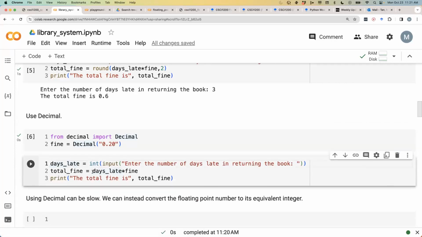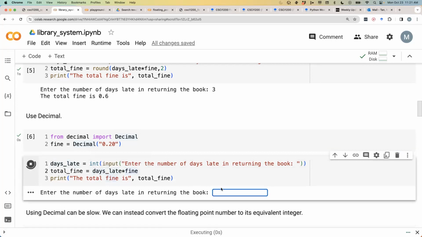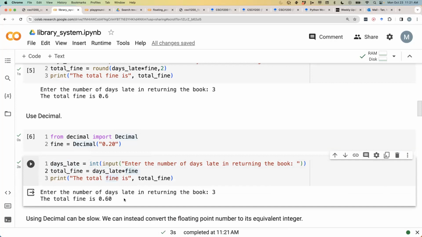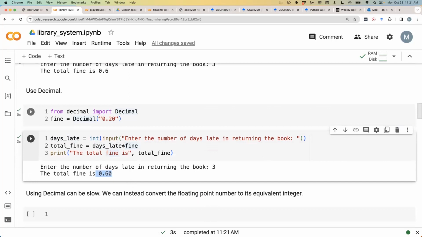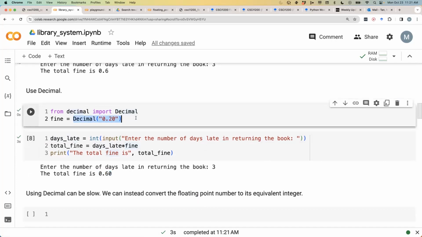So now I have days late times fine. Let's give it a try. And now I get a precise value, which is 60 cents. Okay, what we did is that we represent the number 20 cents as a Decimal type, which will give us precise computation.